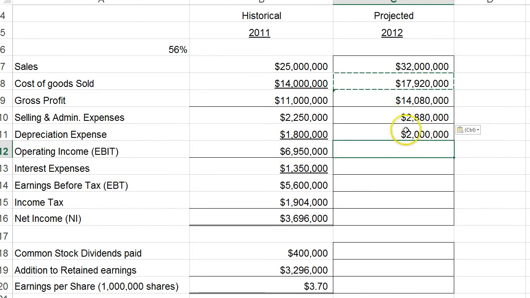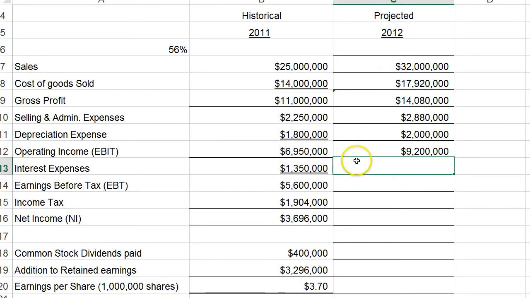And then operating income, this is simply taking our sales minus our cost of goods sold minus our, actually we already did that, so we could just take the gross profit minus selling minus depreciation expense. All right, so that's the 9,200,000. Again, you don't increase this by a percentage. This is a normal income statement calculation. We only increase the accounts by a percentage, not the calculations.